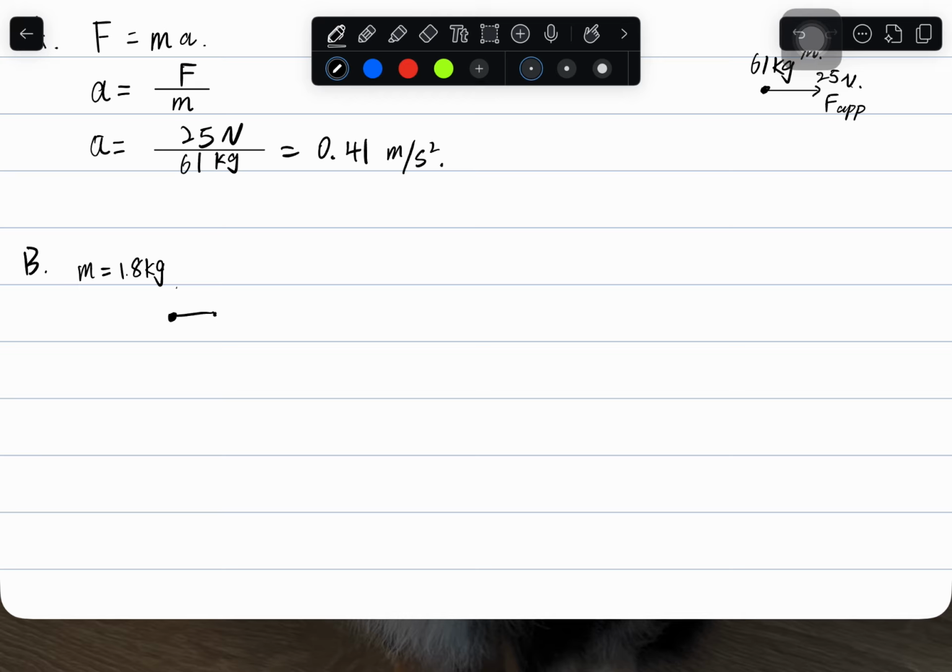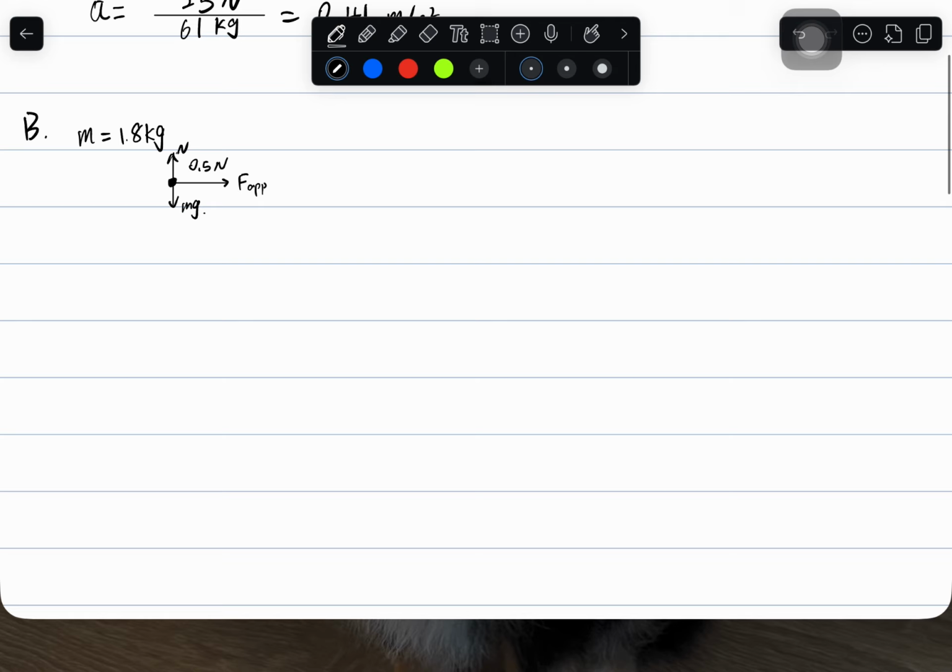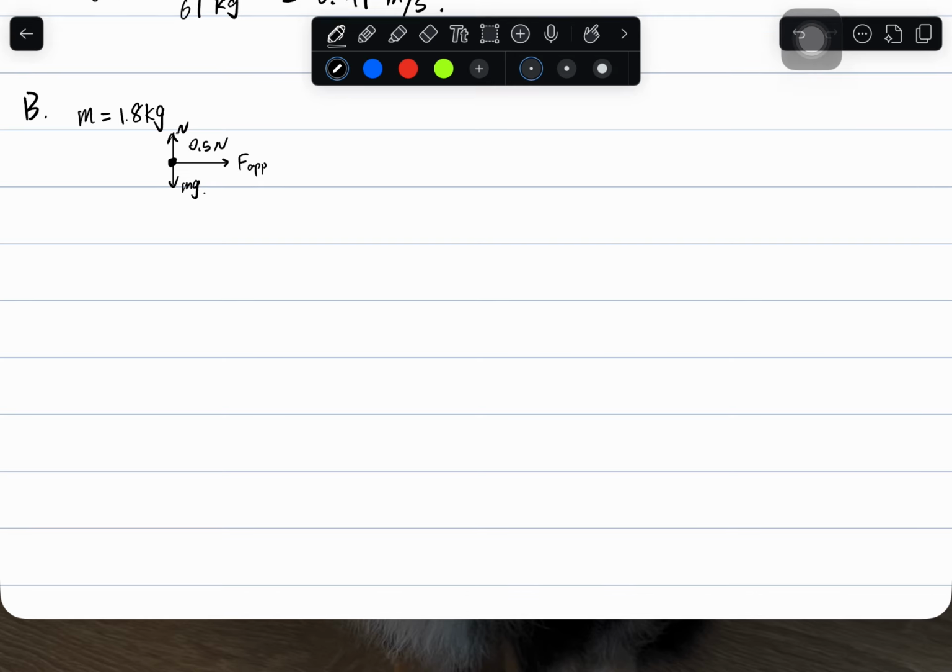So here is the applied force, and it asks for the 3 external forces that act on the cheese. First we have the applied force, and then since it's on the level, we have the normal force and the weight, mg. So here are the 3 external forces on the cheese.